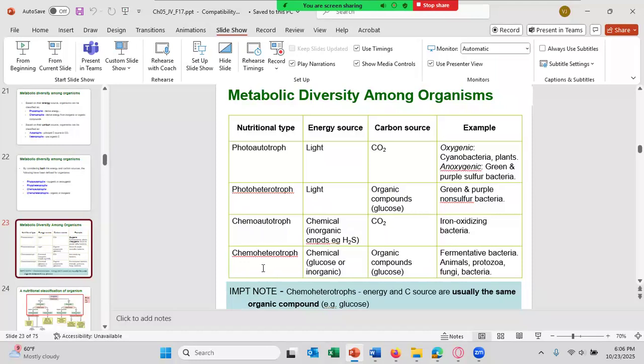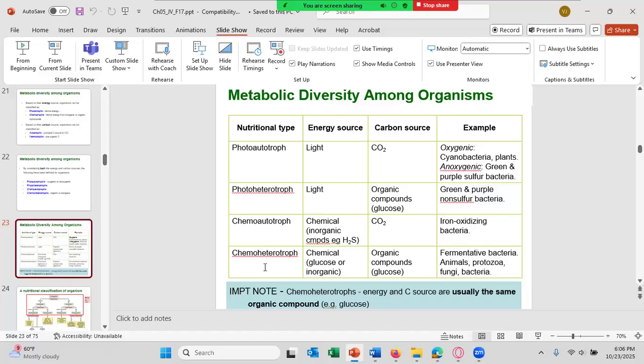As I mentioned, some of the chemosynthetic bacteria are chemoheterotrophs. And these are bacteria that get their energy source from a chemical compound, but it's not glucose. It's an inorganic chemical compound, such as iron or nitrogen or sulfur compound. And they all get their carbon source from an organic compound.